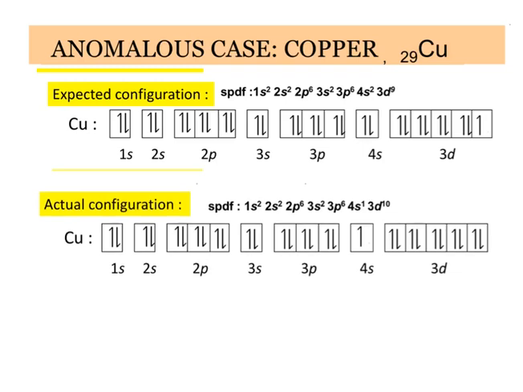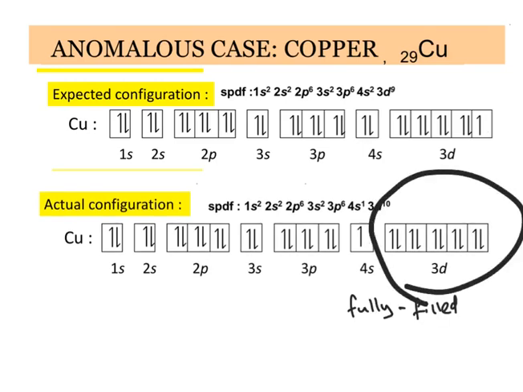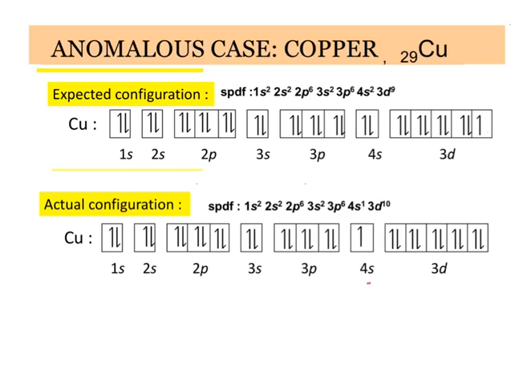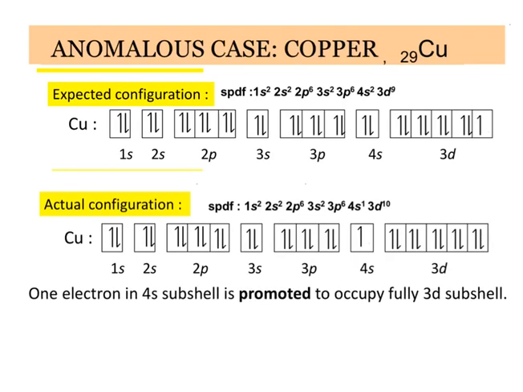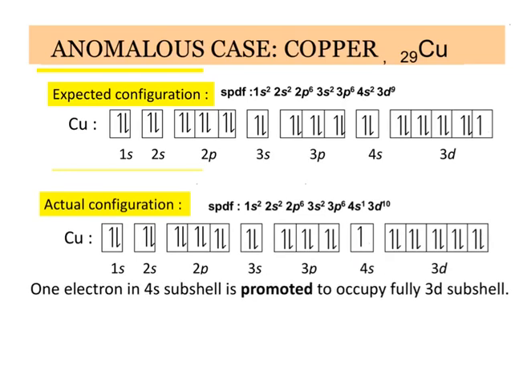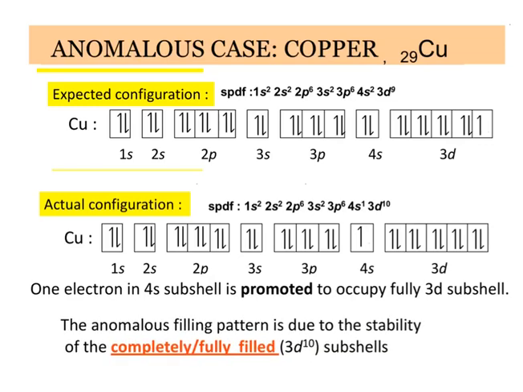We can see that the 3d orbital is fully filled while there is 1 electron in the 4s orbital. This happens because 1 electron in the 4s subshell is promoted to fully occupy the 3d subshell. And the anomalous filling pattern is due to the stability of the completely filled 3d10 subshell.